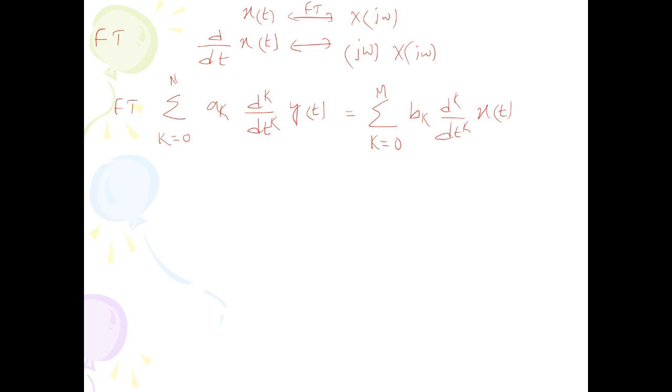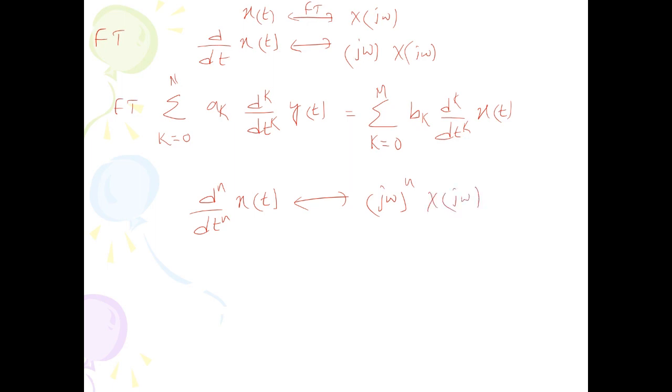Continuing this property, d power n by dt power n of x of t has Fourier transform j omega whole power n times x of j omega.